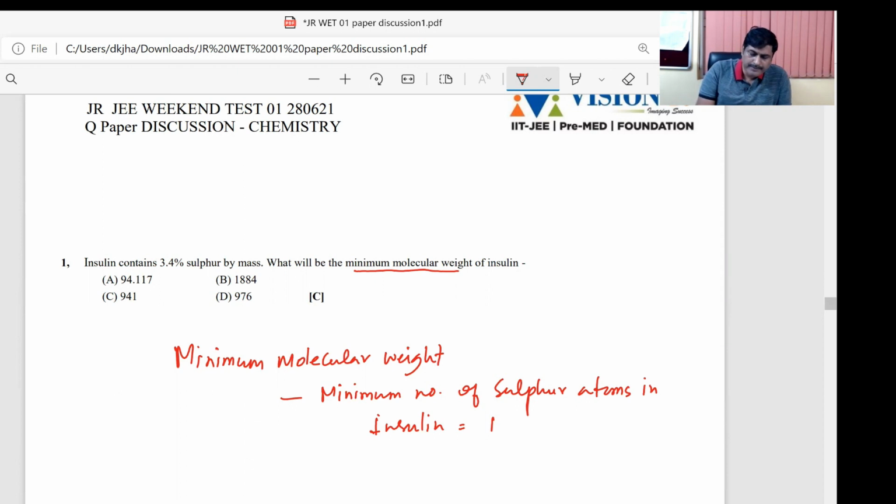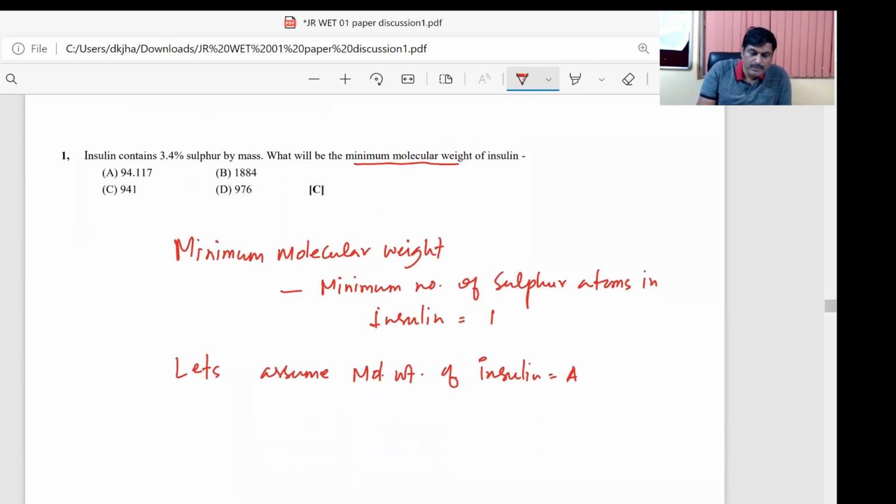So the 3.4%, let's assume the molecular weight of insulin is equal to A. Very simple one. So 3.4% is the sulfur.